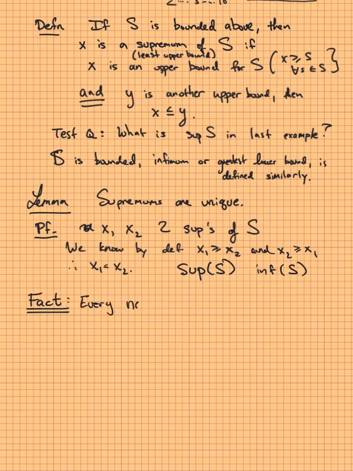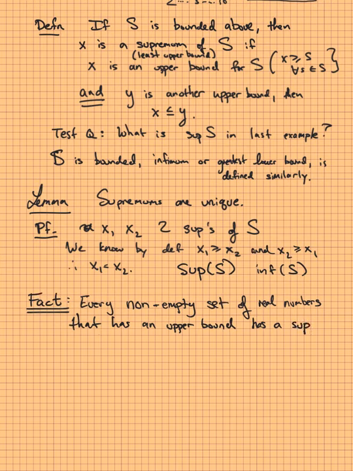Every non-empty set of real numbers that has an upper bound, so it's bounded above, has a sup. And the important thing is that it has a sup in the real numbers. That's the crucial thing.